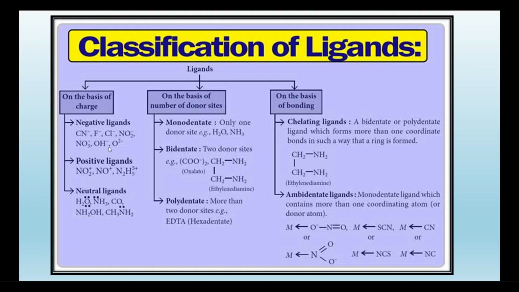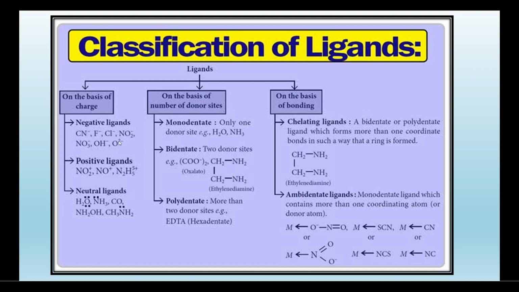We can also classify them on the basis of the number of donor sites, and on the basis of bonding we see chelate ligands and ambidentate ligands. On the basis of charge, we classify negative ligands, positive ligands and neutral ligands.